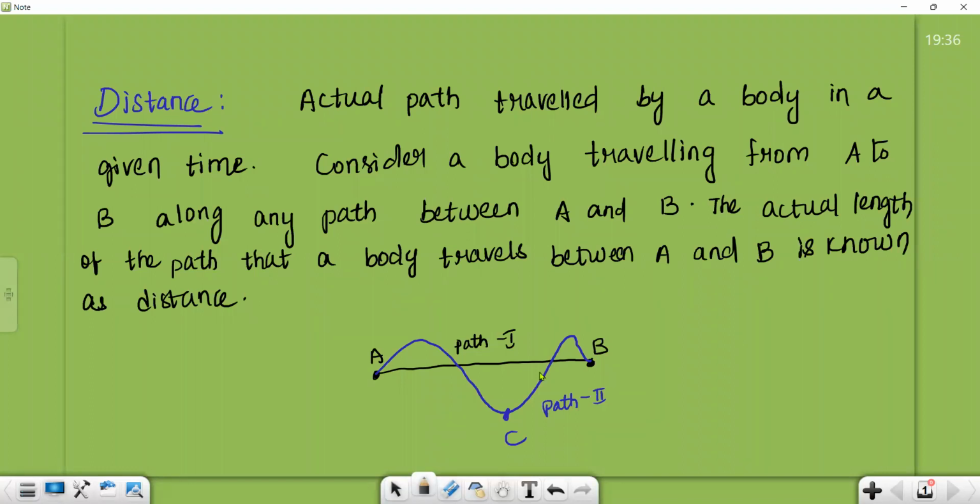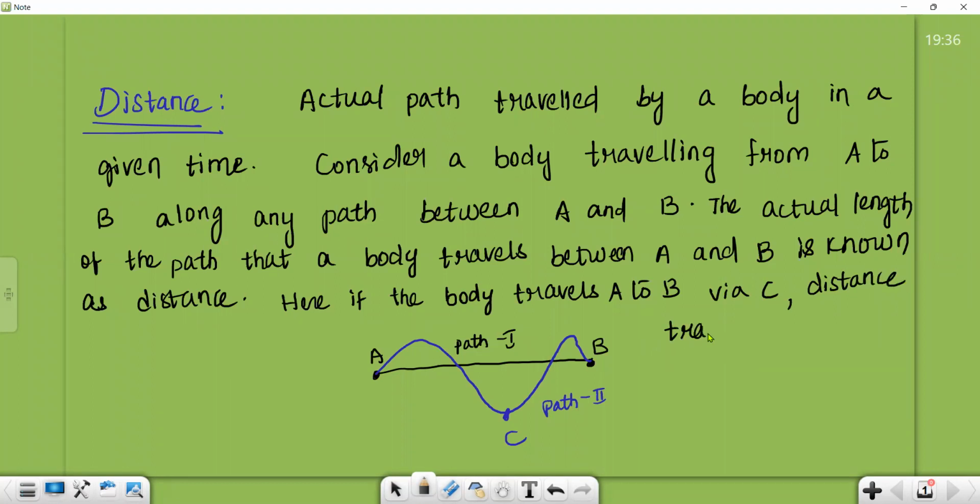Suppose the body travels from A to B via C, what we discussed here. Yes, it is traveling from A to B, but in the middle it is going to C. Now the distance is equal to, students?